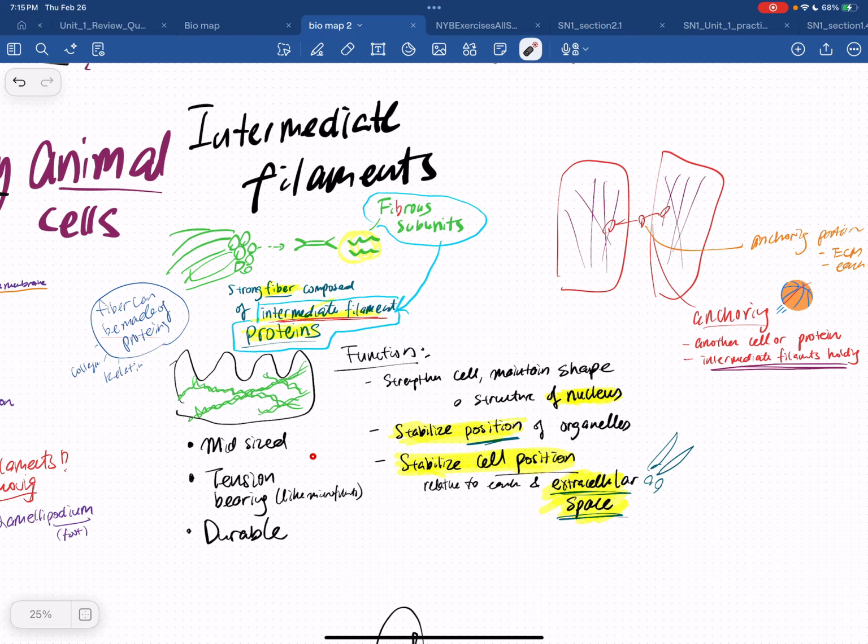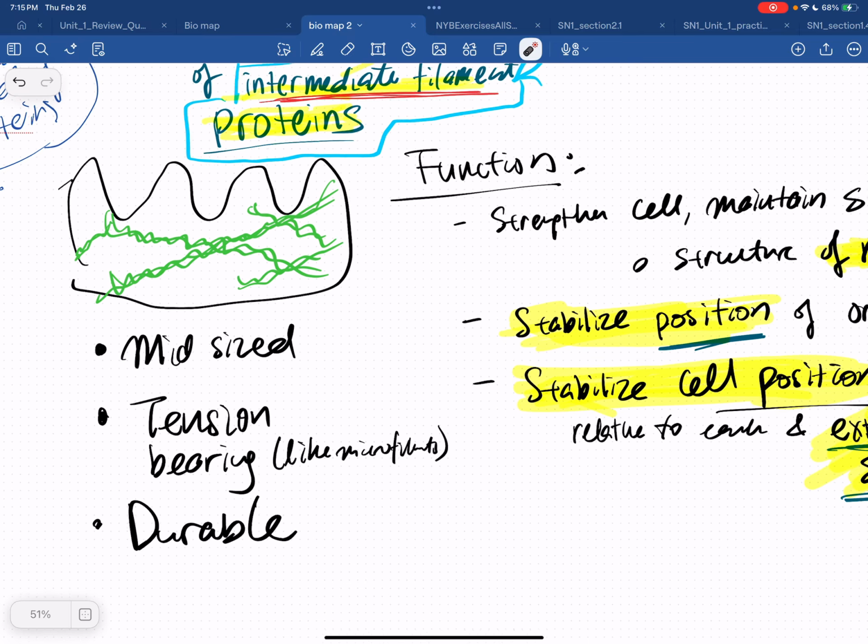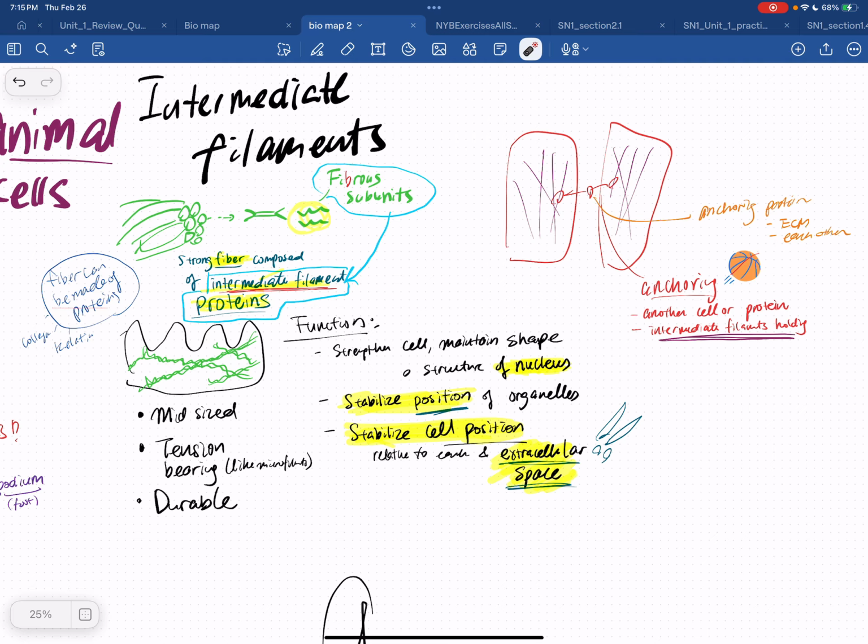They have different sizes. And the tension bearing, what is tension bearing? I'm not sure what tension bearing is. They're able to do tension bearing. So it's for cell integrity, and to resist mechanical stress.